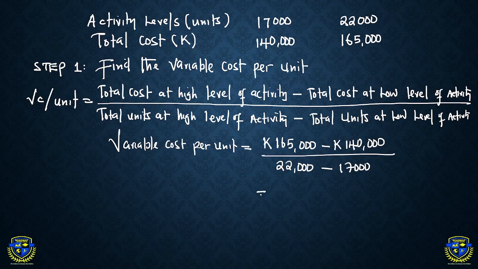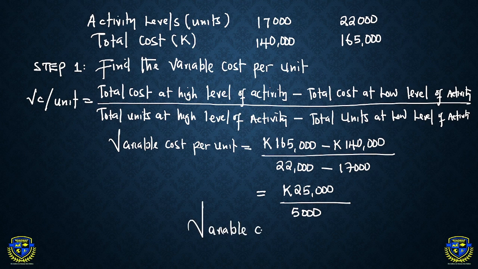So if you subtract 165,000 minus 140,000, we're going to get 25,000 there. Divide by the 22,000 minus the 17,000, we're going to get 5,000 units there. So if you divide, you will discover that the variable cost per unit is equal to 5 kwacha per unit. That is step number 1.